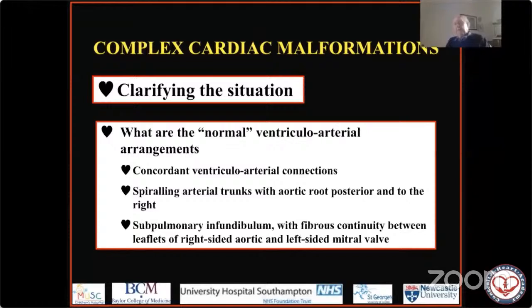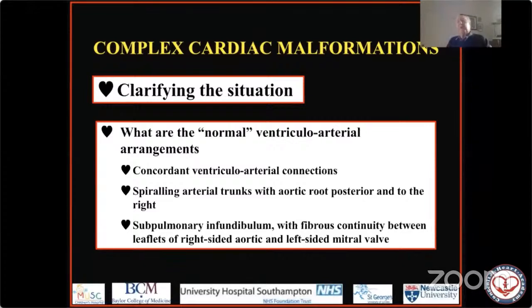And of course, you're all well aware that in the normal heart, it is the presence of the muscular subpulmonary infundibular sleeve that lifts the pulmonary valve away from the base of the heart, permitting it to spiral in that fashion round the aortic trunk as it extends into the mediastinum. That right-sided aortic root is in fibrous continuity with the left-sided mitral valve.